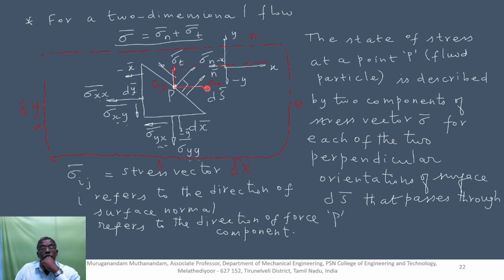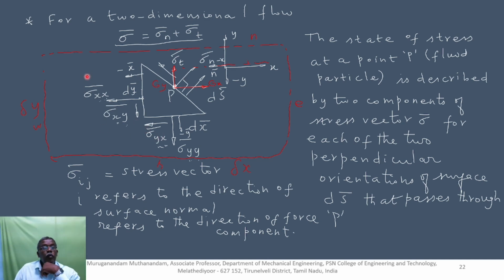So the ds is the elemental surface that encloses the fluid particle represented by point P. For this elemental surface, there are two orientations: horizontal orientation surface and vertical orientation surface. In the horizontal orientation surface, there are two components of the stress vector, and for the vertical orientation of the surface, two components of the stress vector.